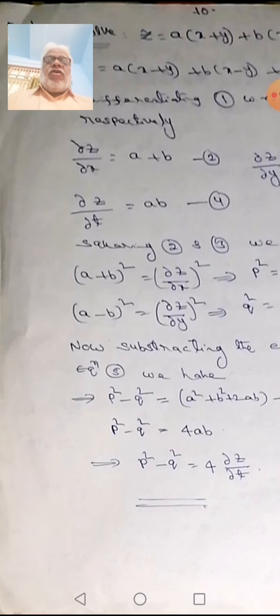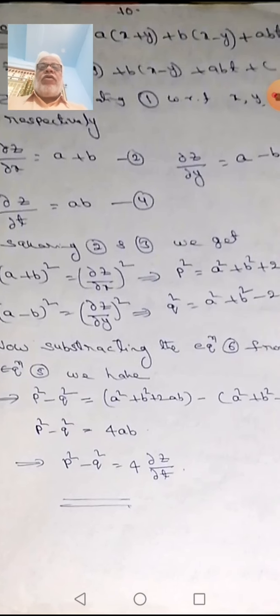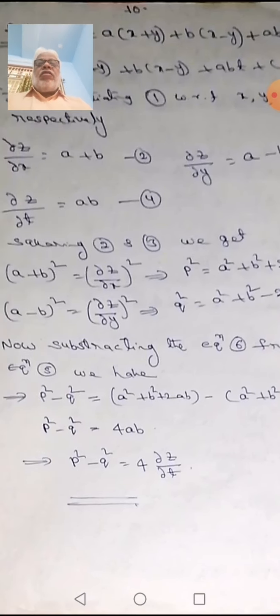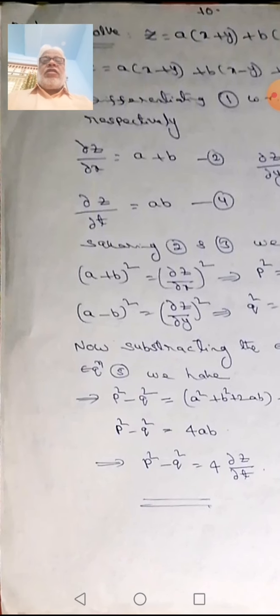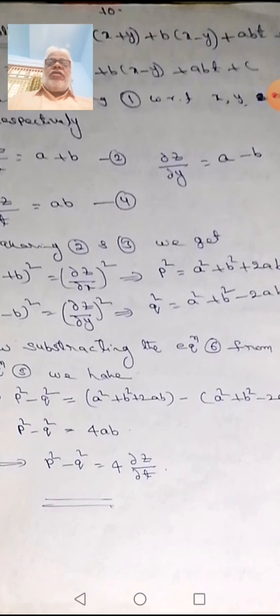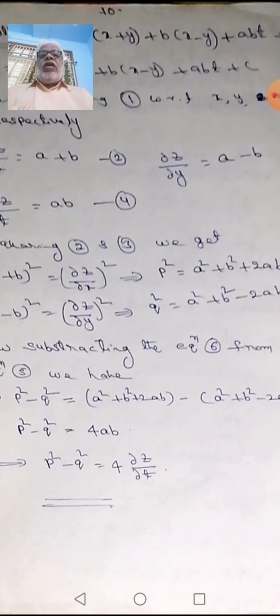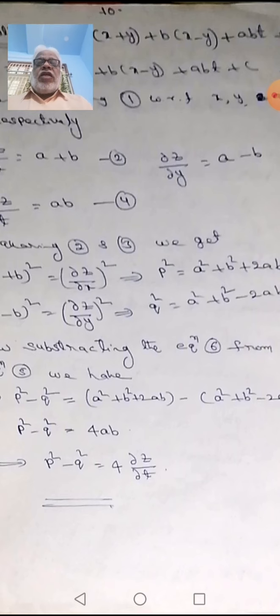And like that, what is ∂z/∂t? ∂z/∂t is nothing but a into b. With respect to t, the first term and second term are 0, and the derivative of c is also 0. Just abt, the derivative of t is 1, so ab into 1 is ab.